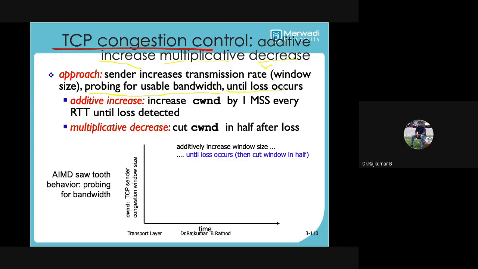As soon as loss happens, immediately what does it have to do? It needs to decrease, multiplicative decrease. Okay? Why? Because of the loss of packets. When host A is sending 8 Mbps, then 10 Mbps, at that time loss is happening.